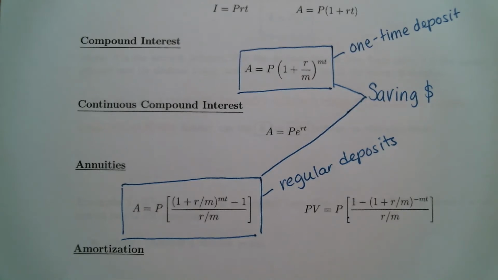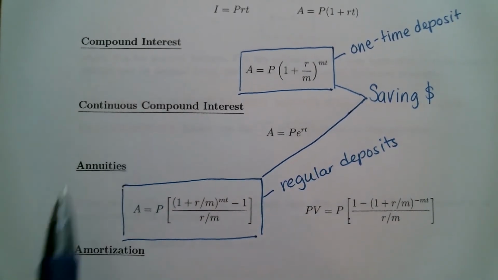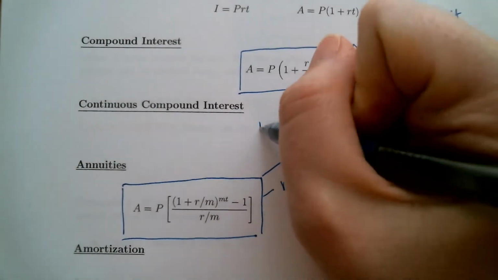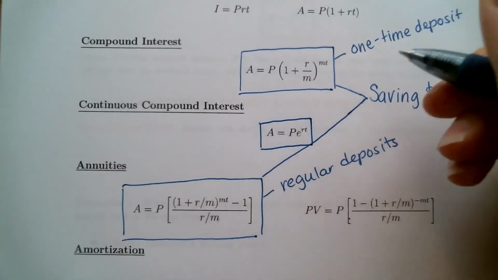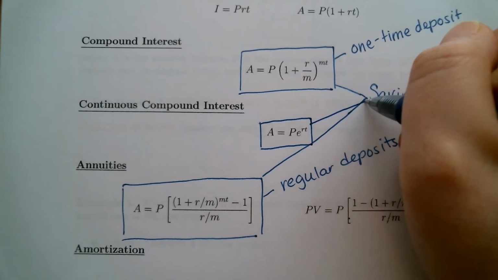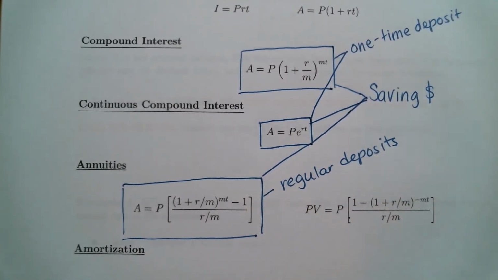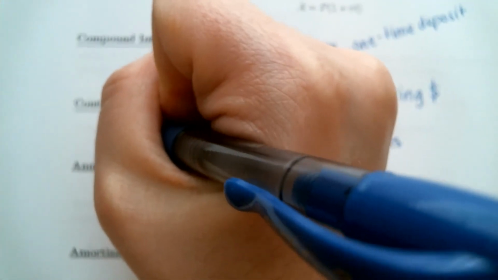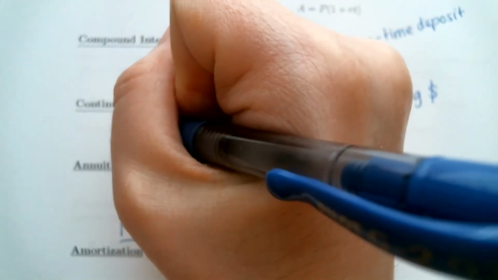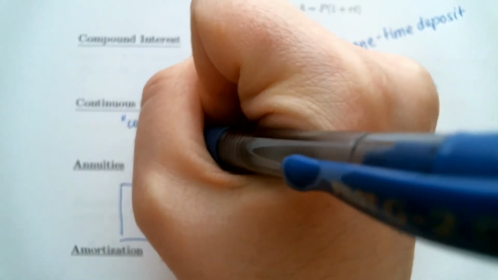So this formula is extremely easy to identify because of that phrase, and this is the only formula for continuous compound interest. Again, we can lump this one into the same category: you are saving money with a one-time deposit, but you identify it by seeing the phrase compounded continuously.